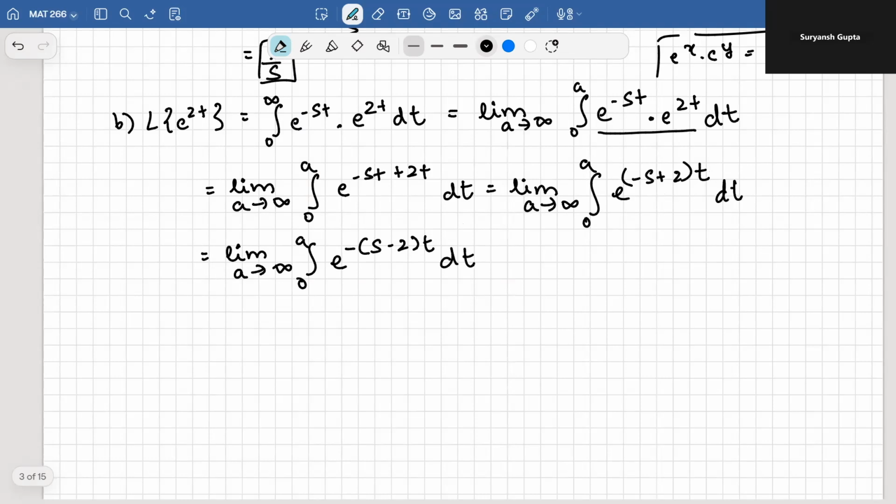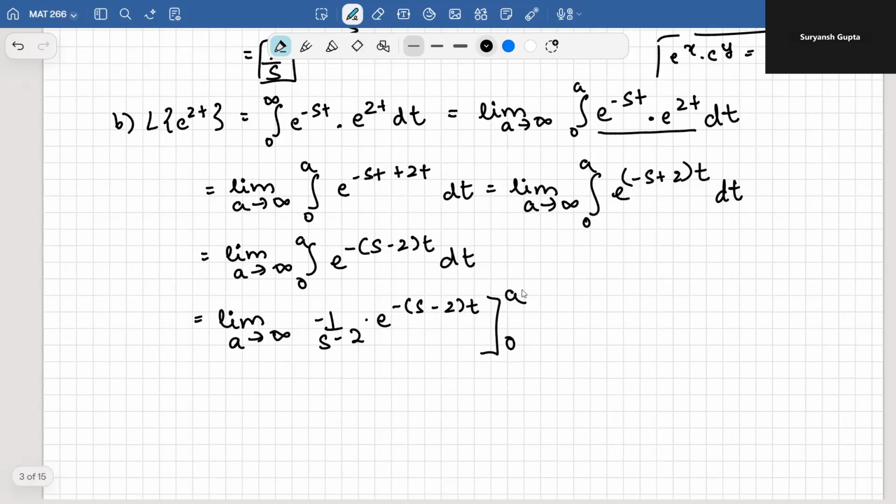There's a dt here. And now I can just take the integral and I end up getting limit of a tends to infinity, minus 1 over s minus 2 times e to the power minus (s minus 2) t, and my bounds are from 0 to a.